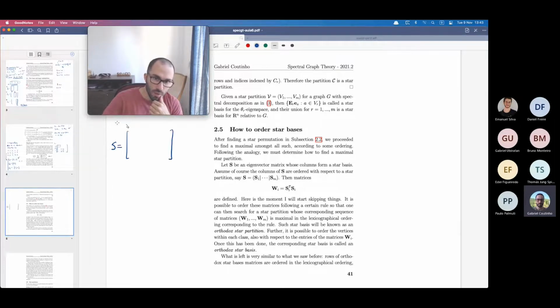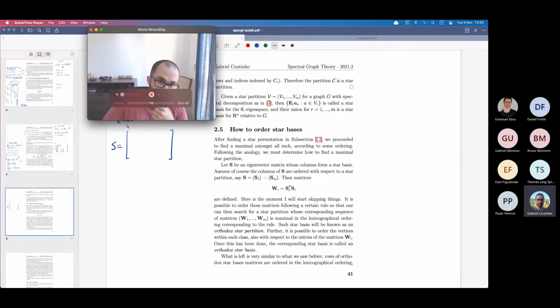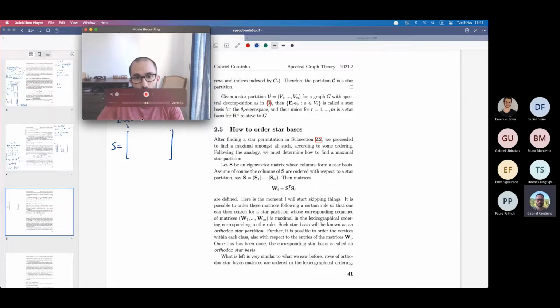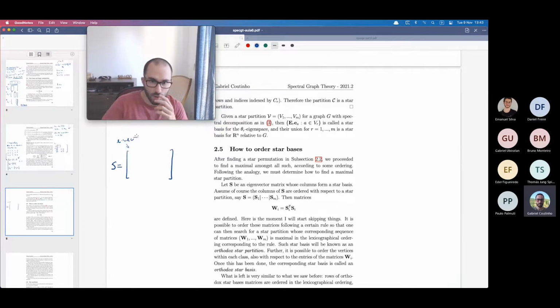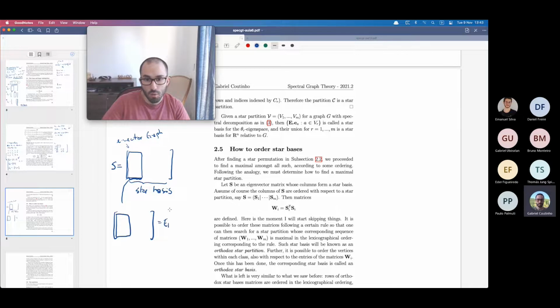Each one of these things is an eigenvector of the graph, and they form a star basis, which means that this first block here comes exactly from a certain first block in the E sub 1 projection.